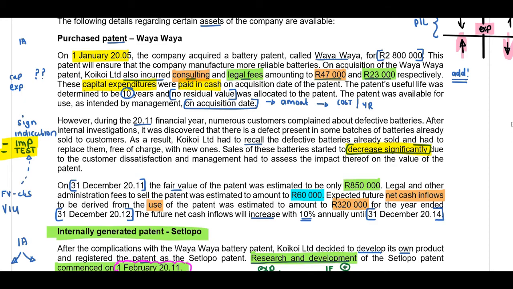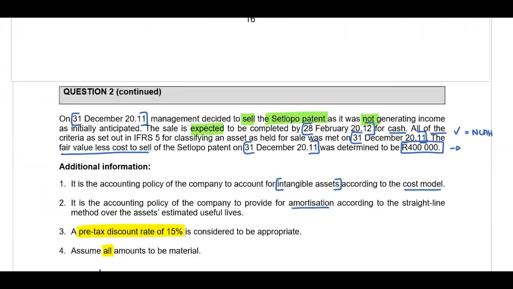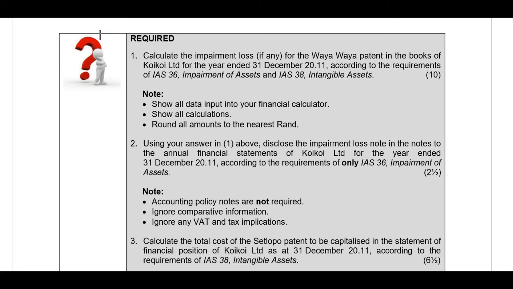Now, if we look at part 1, required. 1, calculate. Look at this, calculate. Not present, not disclose, not journal, not discuss.